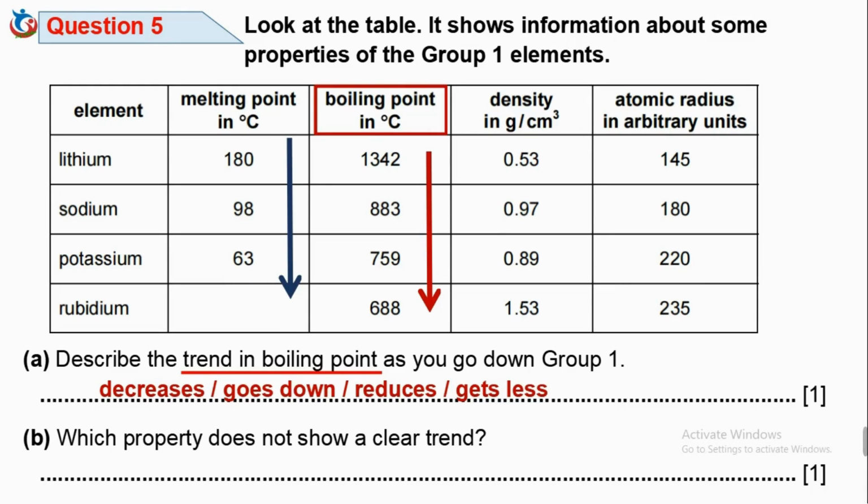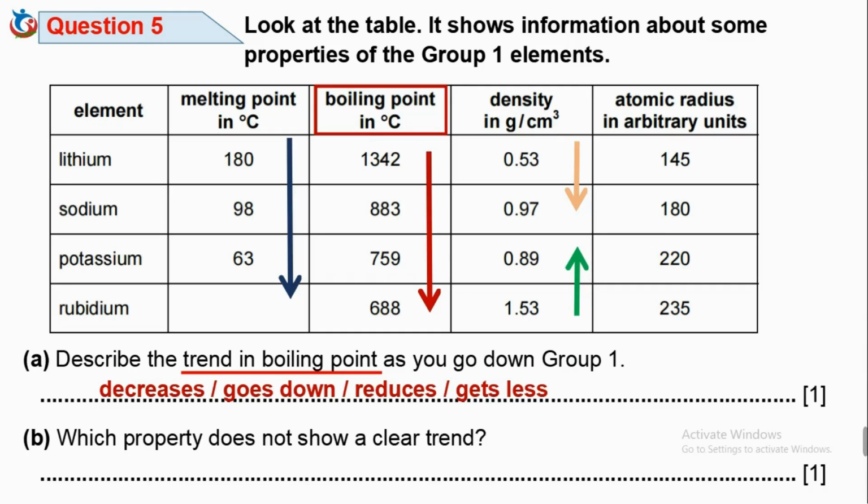We've done boiling point. Next property is density. Density increased from 0.53 to 0.97. The density now decreased to 0.89 and then increased again to 1.53. Hence, density does not show a clear trend.